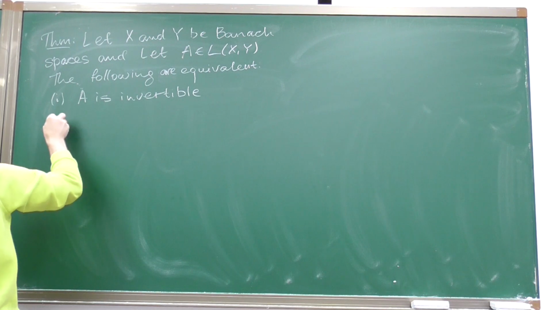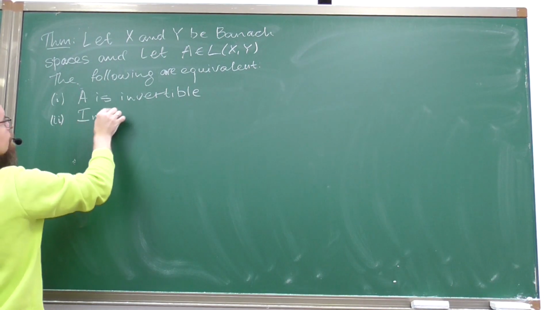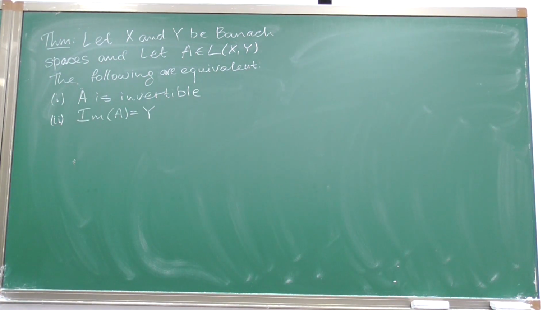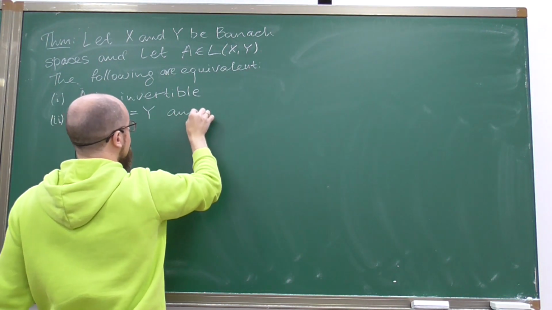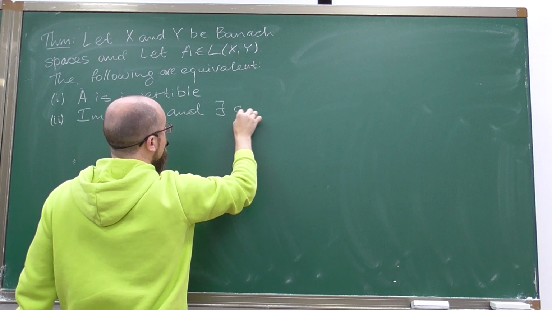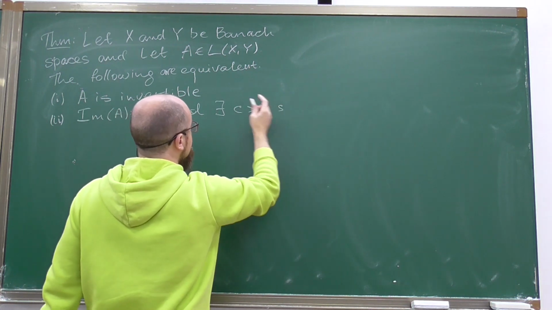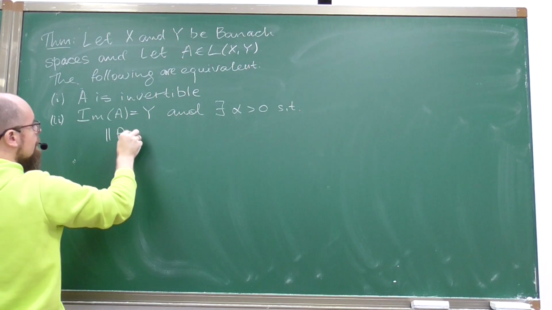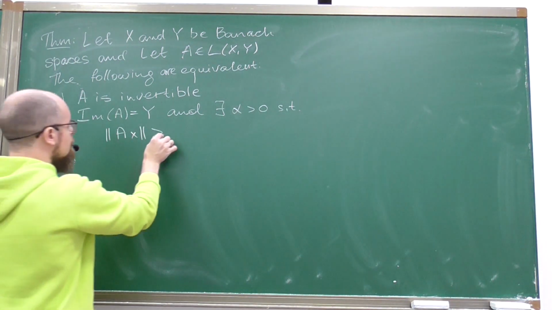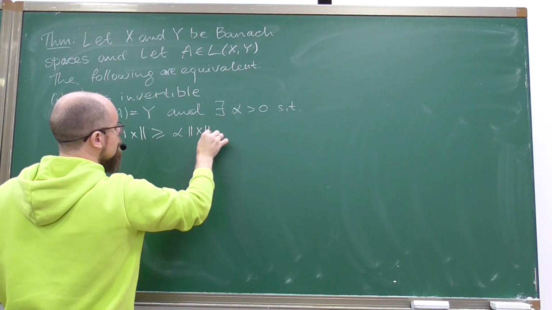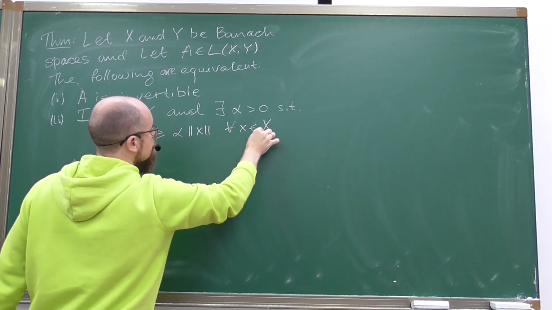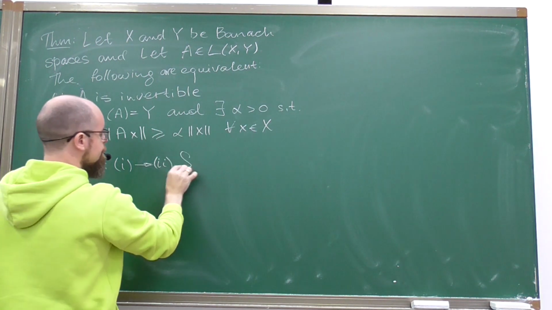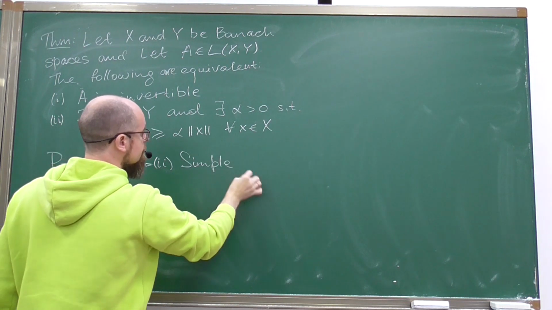And the second: the image of A equals Y, which means that the operator is onto, and there exists a constant alpha such that the norm of Ax is greater than or equal to alpha times the norm of x for every x from X. So from 1 to 2 is simple, and it will be an exercise for you.